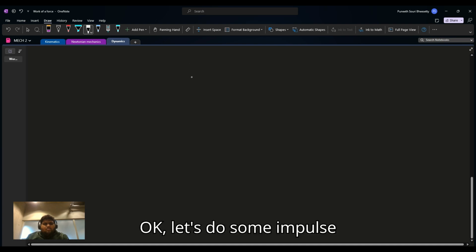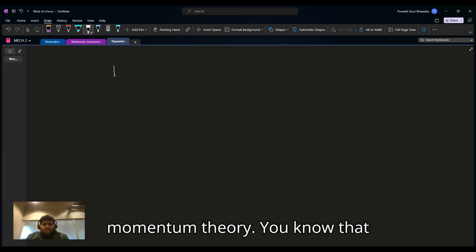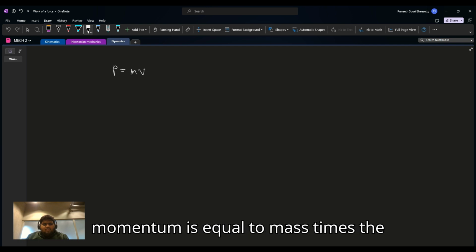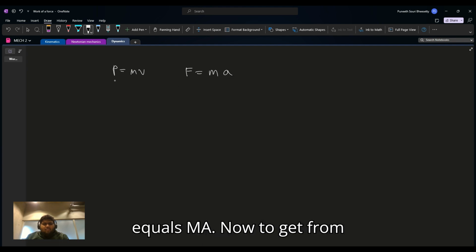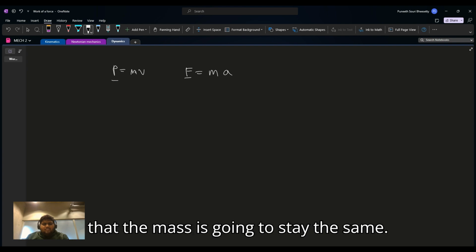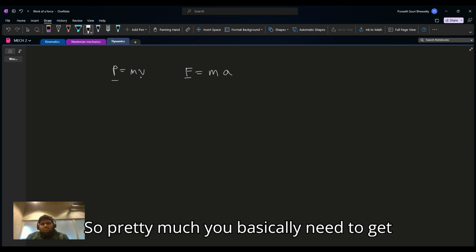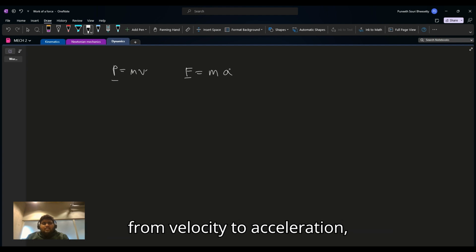Okay, let's do some impulse-momentum theory. You know that momentum is equal to mass times velocity, and that F equals ma. Now, to get from momentum to force, the mass is going to stay the same, so basically you need to get from velocity to acceleration.